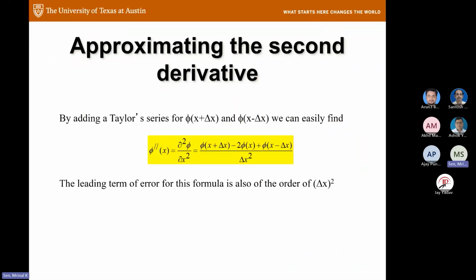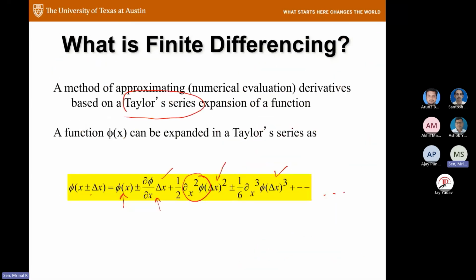So we also need to approximate our second derivative. And if you look at the Taylor series, if you just take these two, x plus delta x and x minus delta x, one equation for x plus delta x, another for x minus delta x.